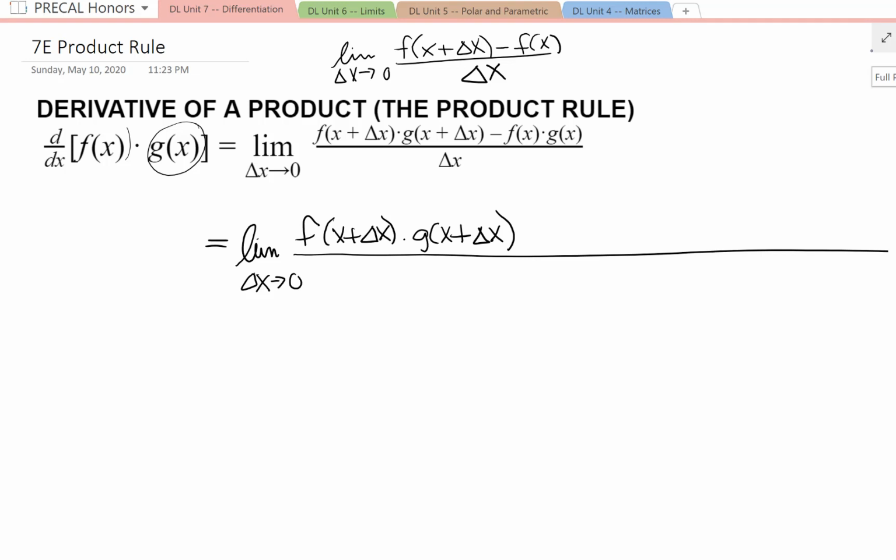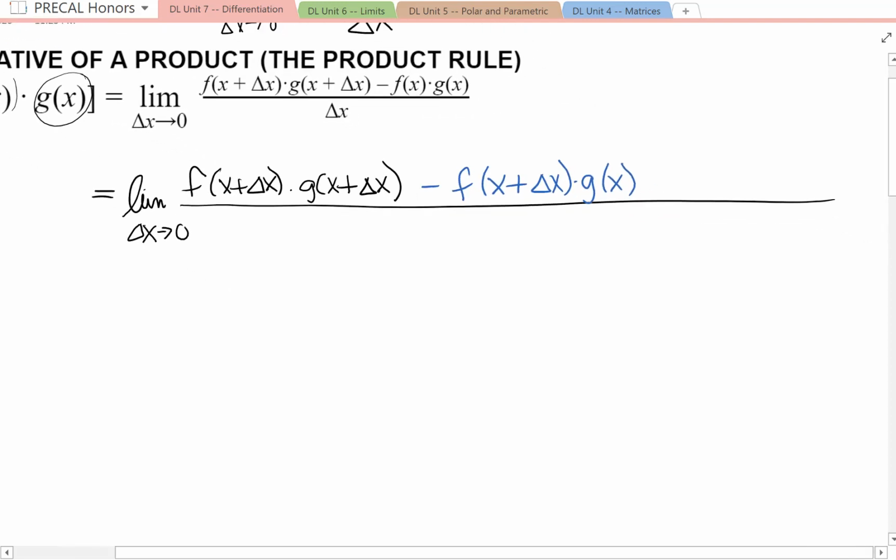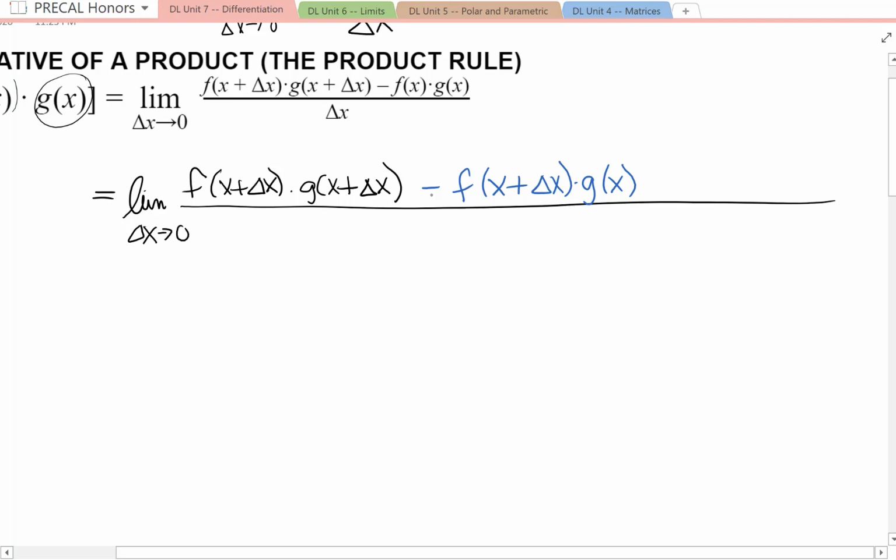In the middle of copying this down, I'm going to subtract the quantity f of x plus delta x times g of x. Now I just came up with this out of nowhere, but if I subtract a random quantity, I also need to add that random quantity in order to do it mathematically.